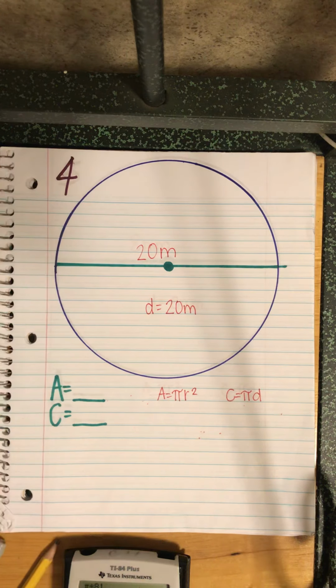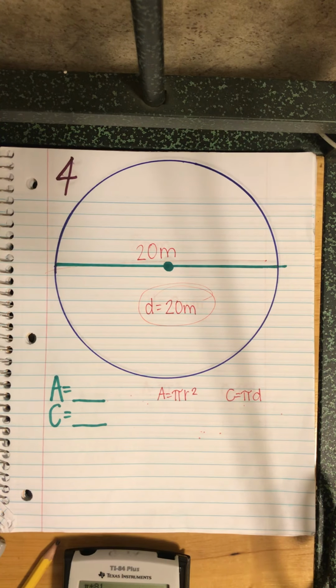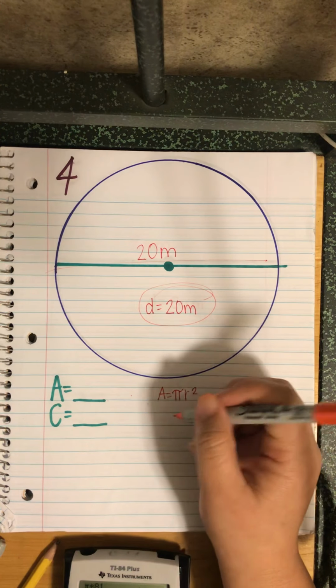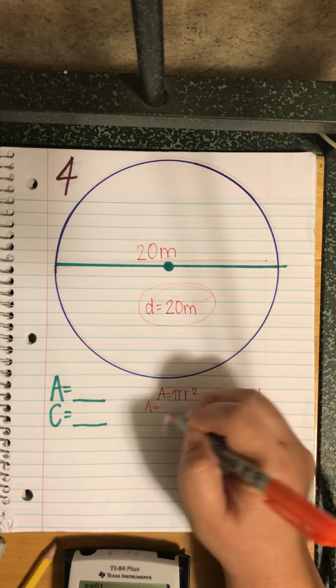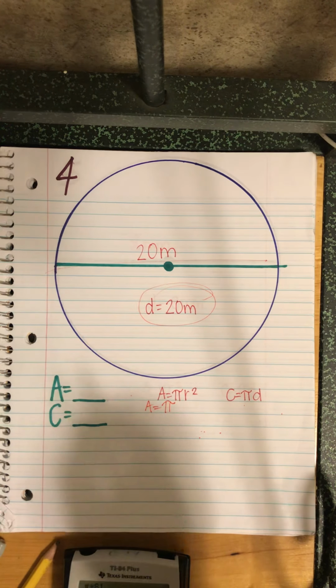Question number 4. We again come back to having a diameter. Diameter, 20 meters. So basically you're inputting it, area equals pi. Oh wait, we don't know the radius. But do we? Yes we do.